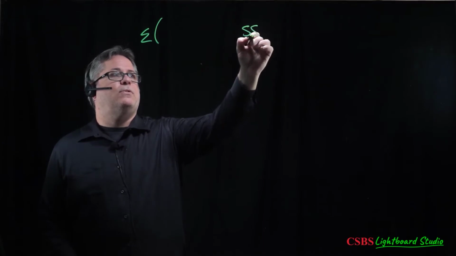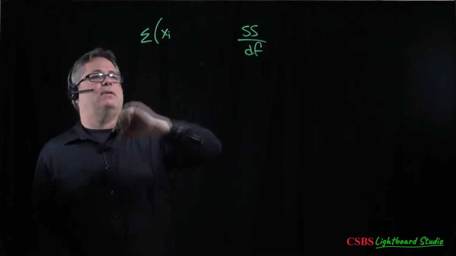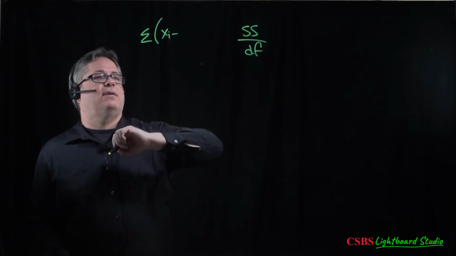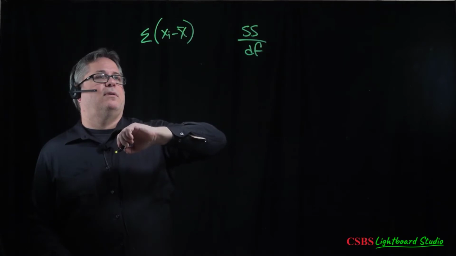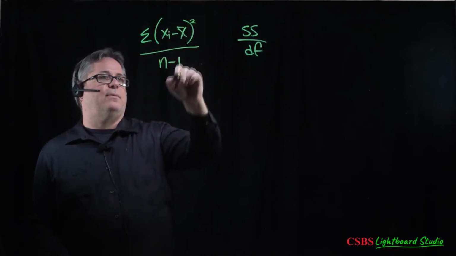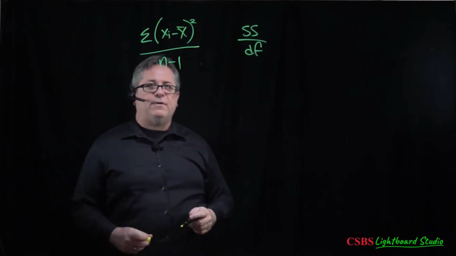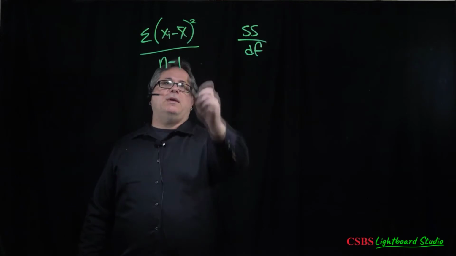Yeah, so it's sum of squares over degrees of freedom. So that's the sum of xi minus x bar, squared. Exactly.